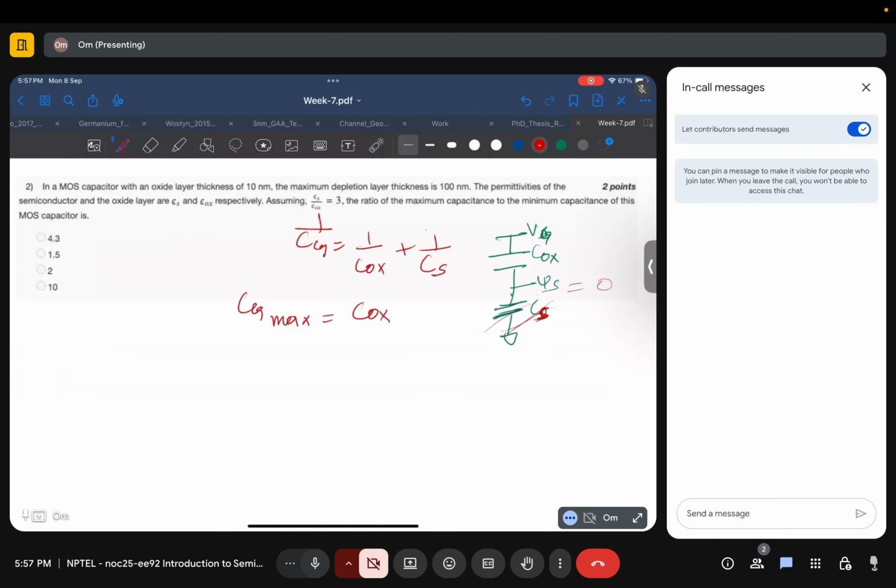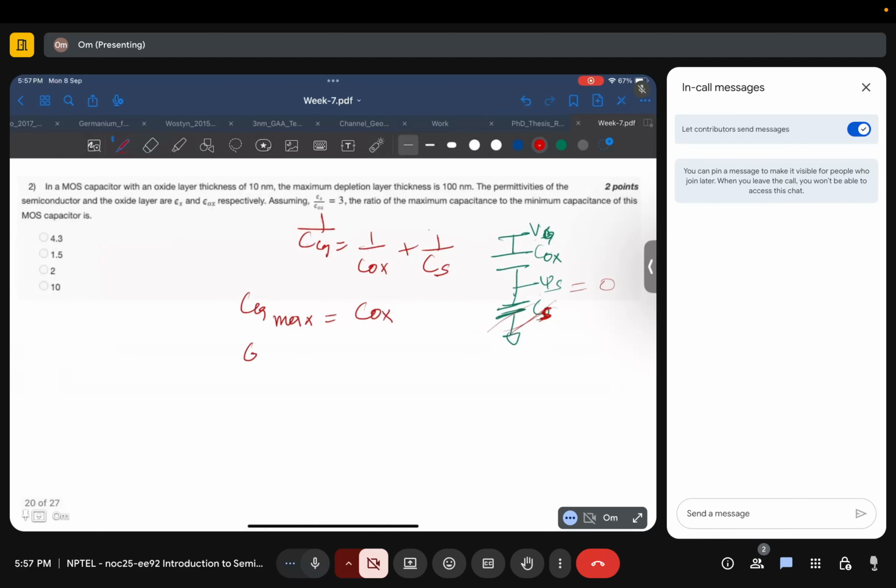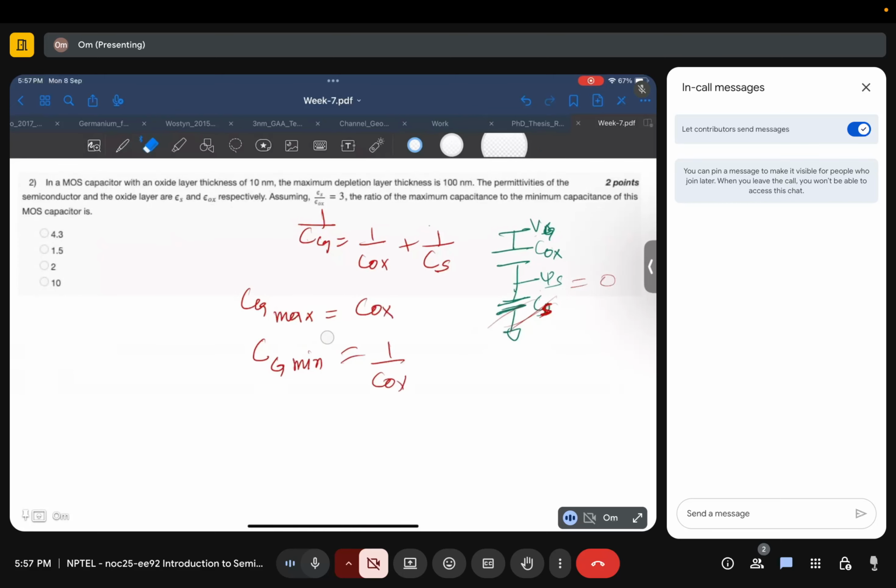And CG will be minimum when both of them are coming. So let's say the depletion case, 1 by CG is 1 by COX plus 1 by CD. If you take the inverse, it will be COX into CD by COX plus CD, right?